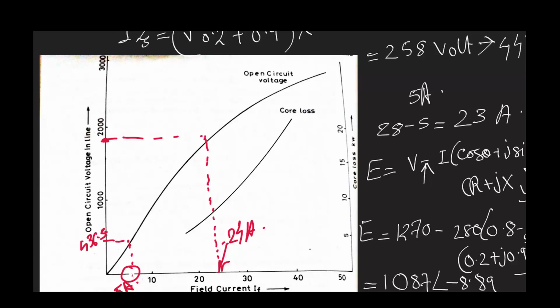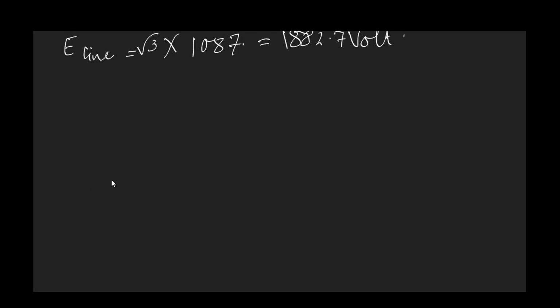How much field current is required to compensate the full load armature EMF? That is 23 ampere. So that 23 ampere should appear here.